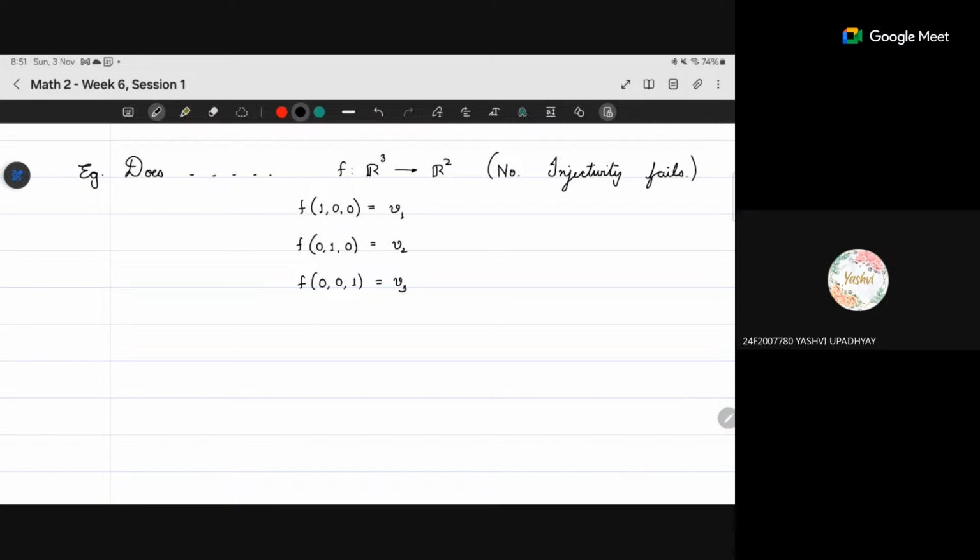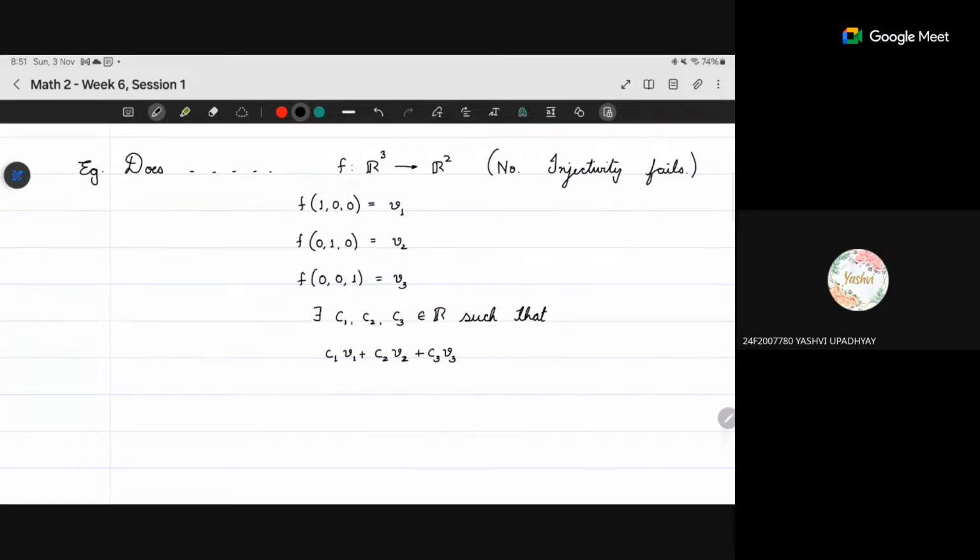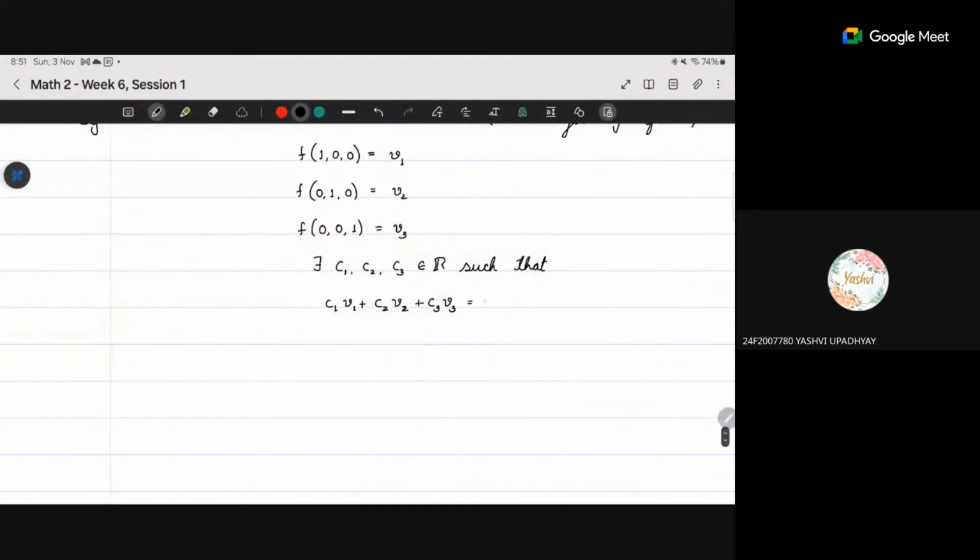So V1, V2, V3 are linearly dependent in R2. So there exists C1, C2, C3 in R, not all zero, non-trivial ones, such that C1 V1 plus C2 V2 plus C3 V3 is equal to 0.